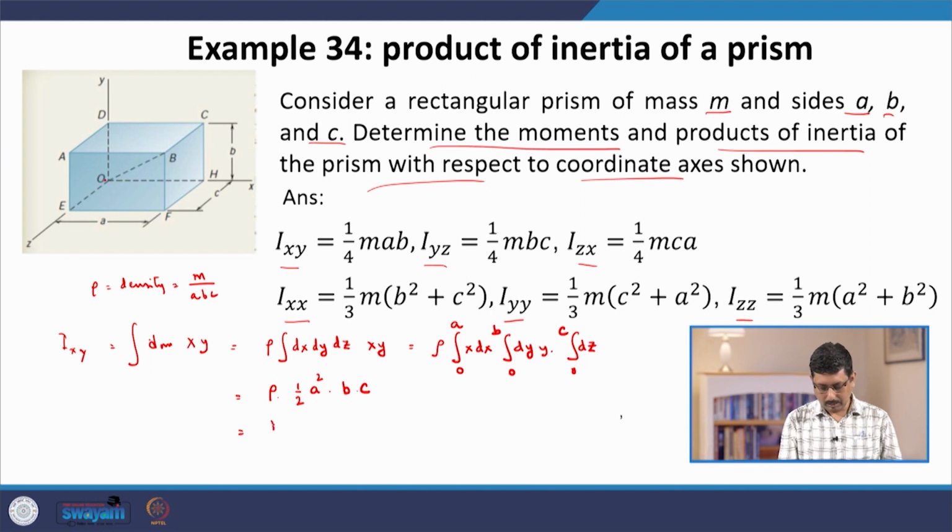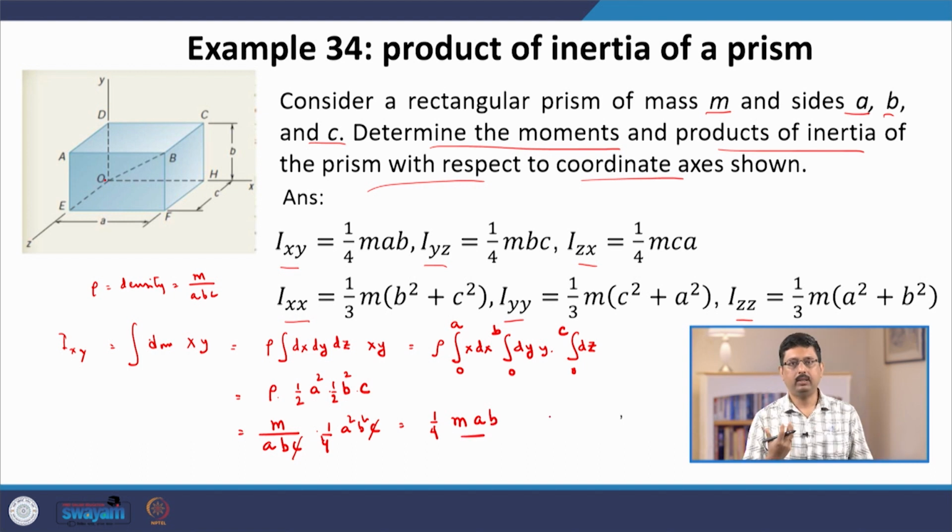Now I plug in, replacing density by the total mass, m over a b c, times half a square, times half b square, times c. This is 1/4 a square b square c, so upon simplification it becomes 1/4 m a b.